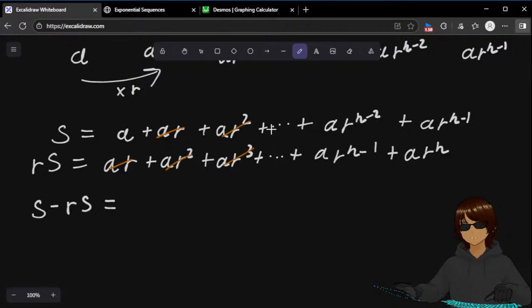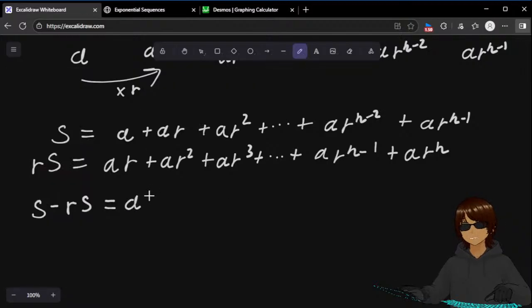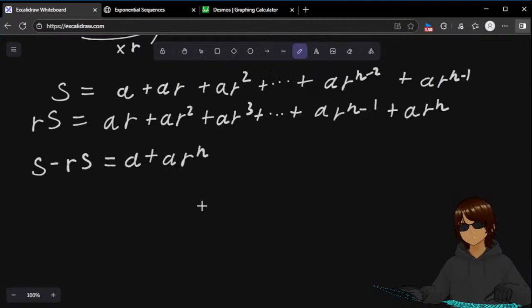This and this will cancel out. This and the A r cubed in here will cancel out. And then A r to the n minus 2 will cancel out. And then this and this will cancel out. So we are left with A minus A r to the n. It's A plus A r minus A r plus A r squared minus A r squared, and so on.